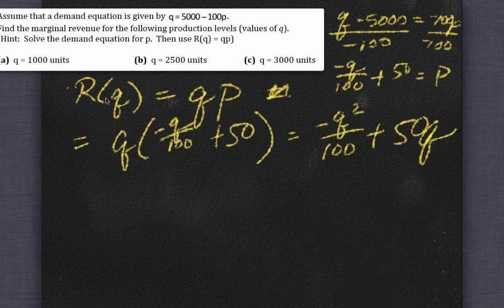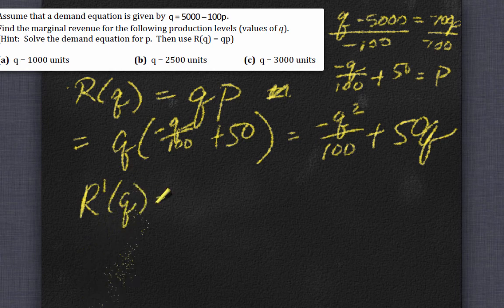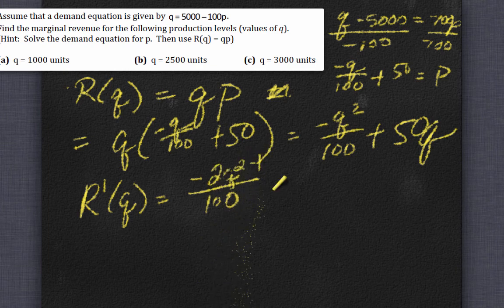That's revenue. But I don't want revenue, I want marginal revenue. Marginal means take the derivative. So I need to take the derivative. I'm just going to leave the 100 on the bottom, just as I would leave something on the outside. It's a number. Negative. Bring down the 2. Q to the 2 minus 1.